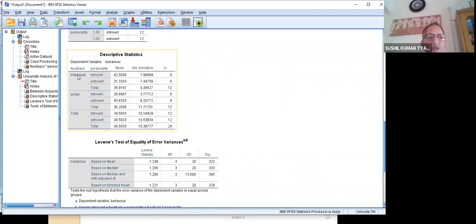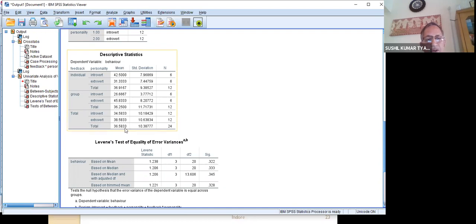This is feedback, individual; personality, introvert, extrovert, and then total. So this is individual feedback total. This is group, introvert, extrovert. Personality, introvert, extrovert, and total.